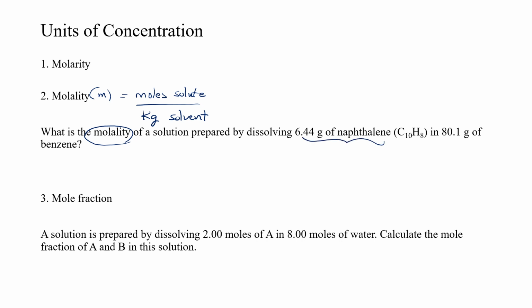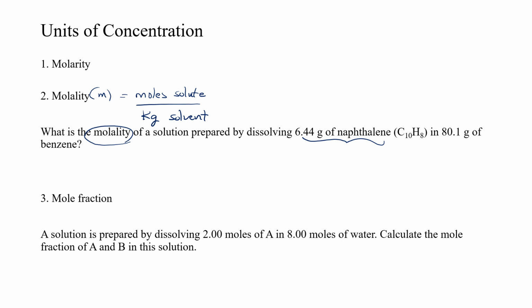If you want to calculate the molality, you need the moles of solute. The amount of solute is given in grams, and you have the formula for your solute, which is the naphthalene. So you can find out the molar mass of naphthalene, and then you can convert your grams to moles, so you can have the moles of solute to plug into the equation.